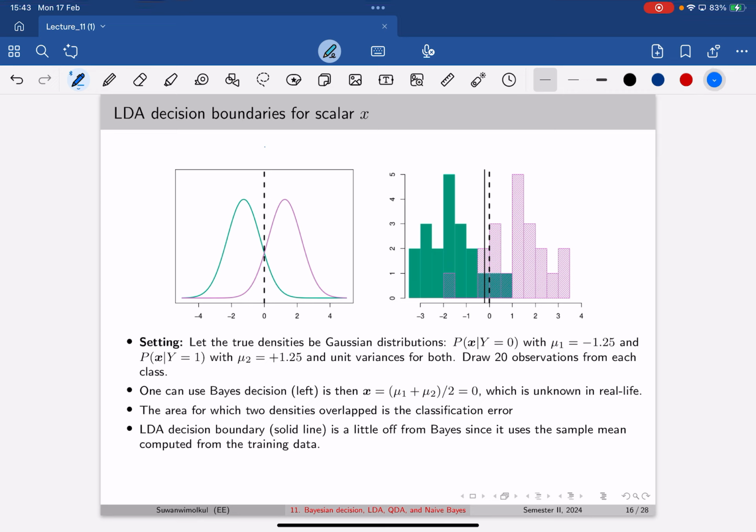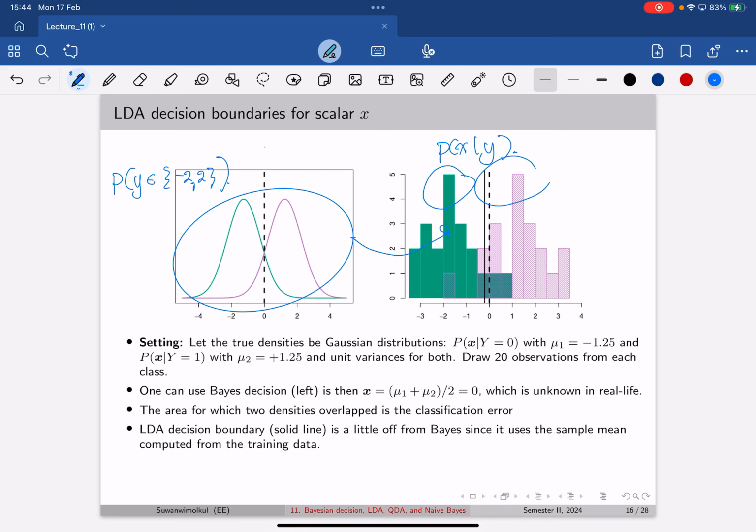Let's say I assign this as the probability of Y being in class, maybe -2 and 2, and this is the probability of X given Y. Once you have some prior about prob of Y, what you want to do is multiply it with the histogram of prob of X given Y. Then you're going to get something that approximates prob of Y given X. So I think that's the concept of this.